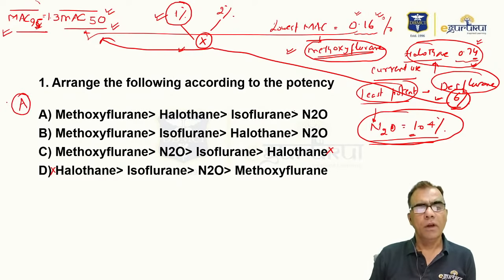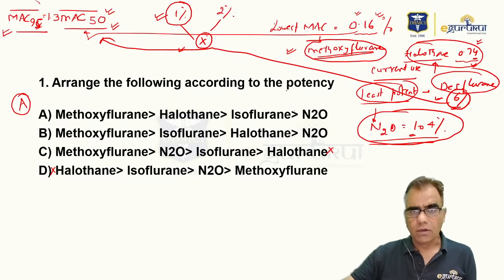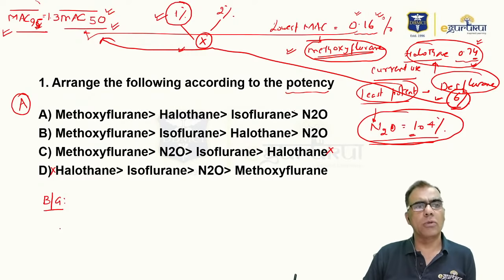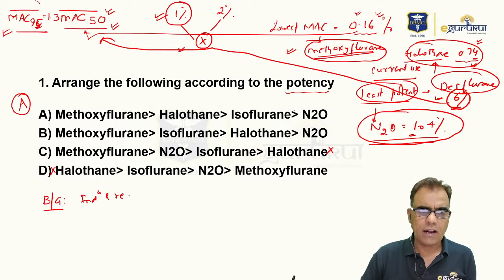Fine. And the second most important property other than potency about inhalation agent, which you have to remember, is blood gas coefficient. So blood gas coefficient or blood gas solubility, it is the indicator of induction and recovery.